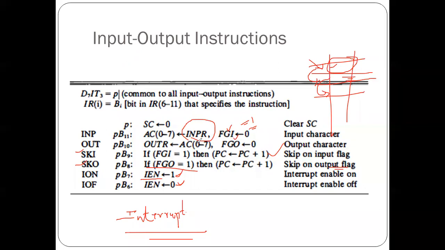Without FGI as 1, the CPU cannot perform a read operation, so the CPU has to wait for FGI. Similarly, for a write operation, the output register has to be empty, and then only the CPU can place the next character.